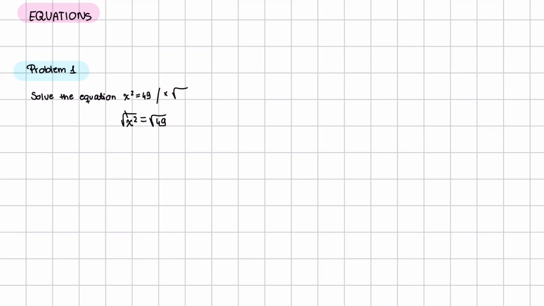So the square root and the power cancel out. So x equals 7, because the square root of 49 is 7.